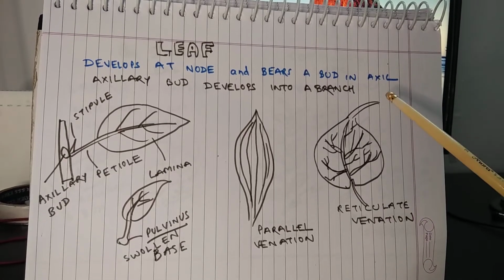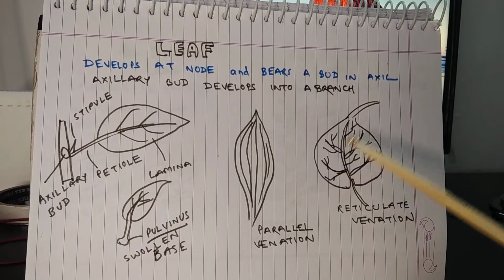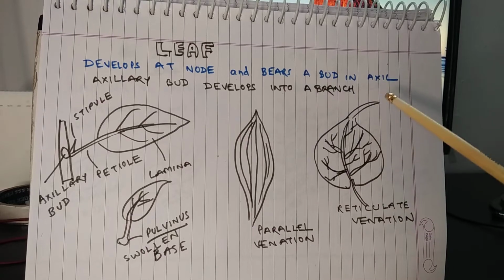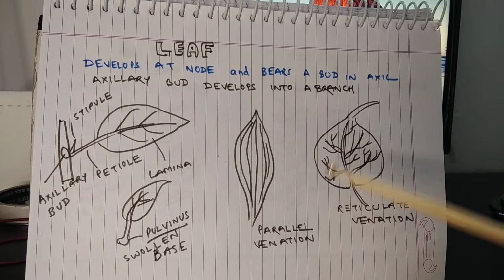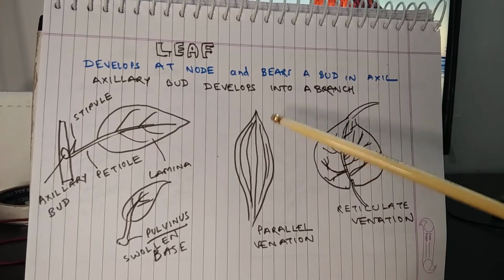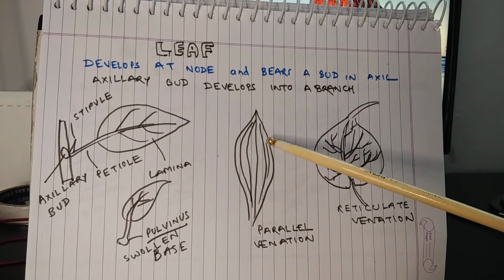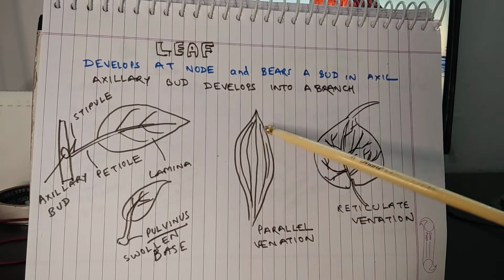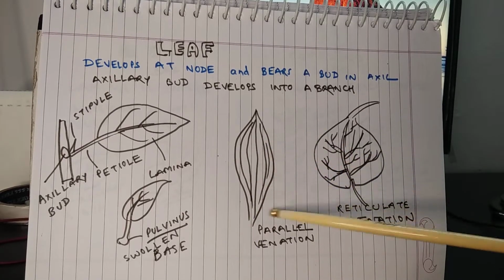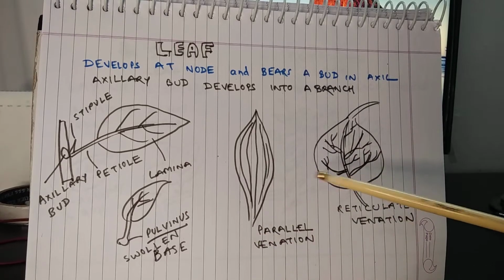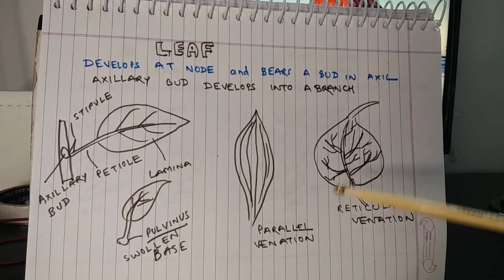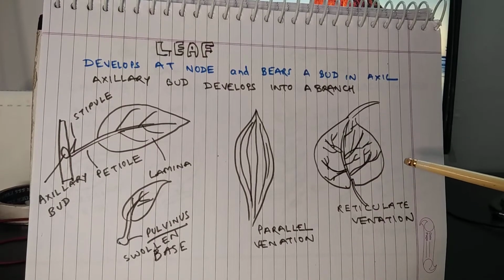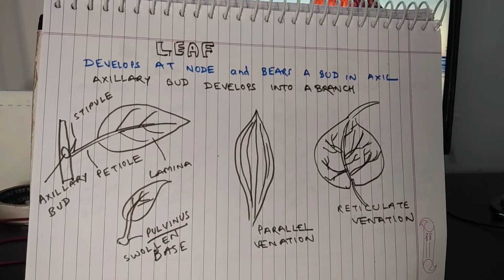When the veins and its branches and sub branches make a network like structure, it is called reticulate venation. When the veins do not have branches, rather all of them are parallel to each other, it is called parallel venation. Parallel venation is the norm in monocot plants, and reticulate venation is the norm in dicot plants.